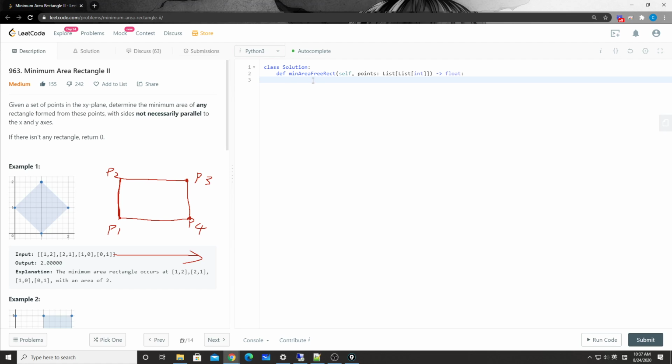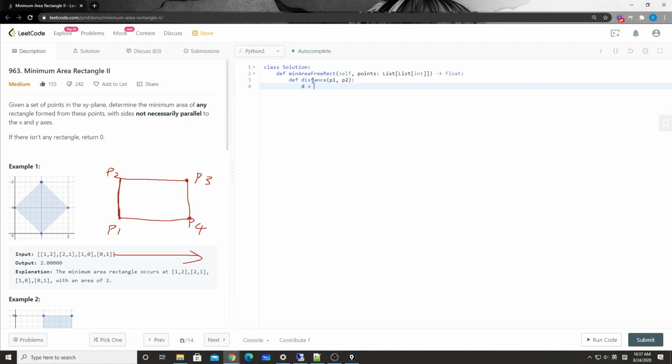Okay, so first I'm going to define a helper function to help me calculate the distance between 2 points, like P1 and P2 here.